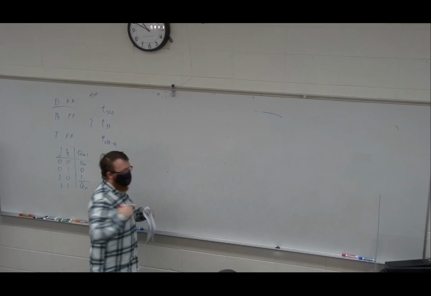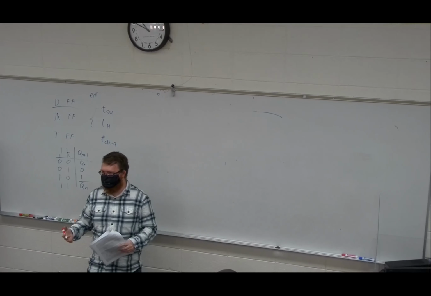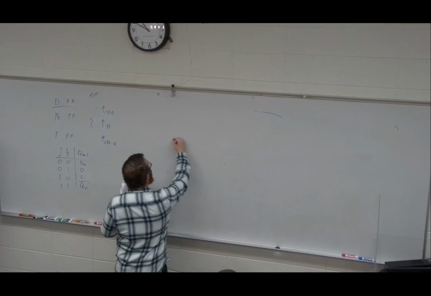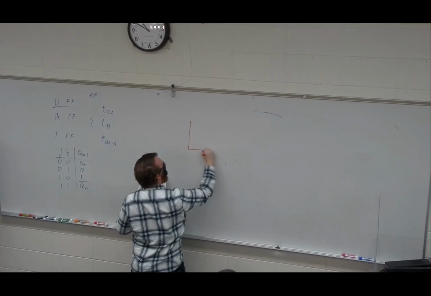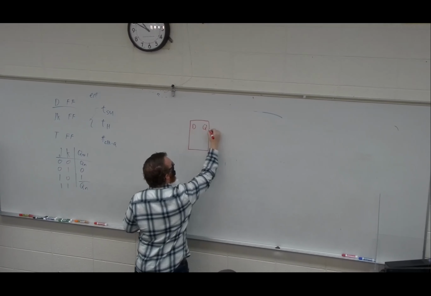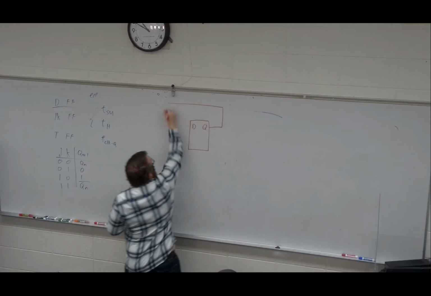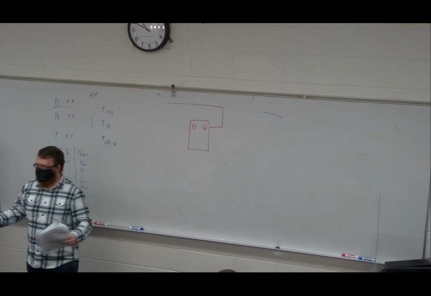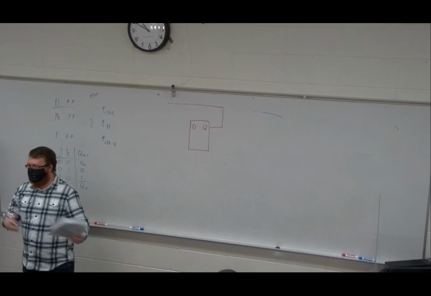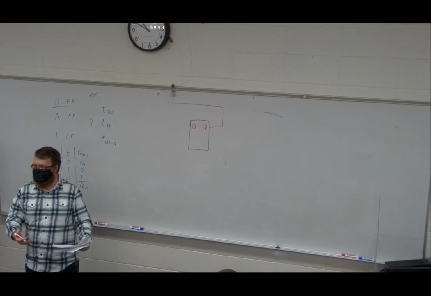Okay, so a real world application of these D flip-flops that is very common is you're going to have a flip-flop, D, Q, and you want to remember what it has done and make a decision based on the previous, what we will call, state.